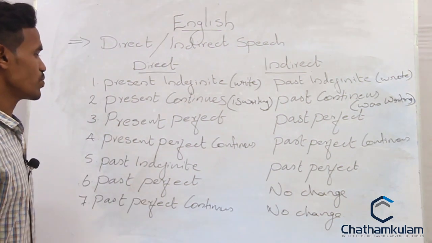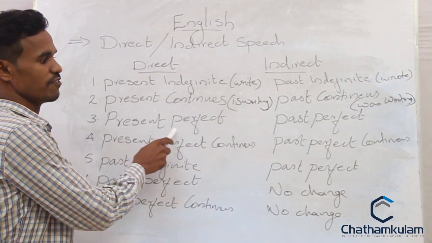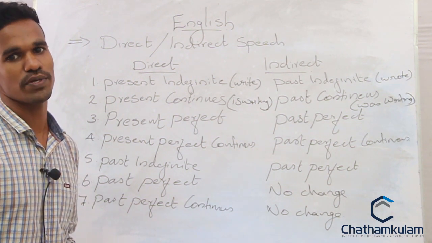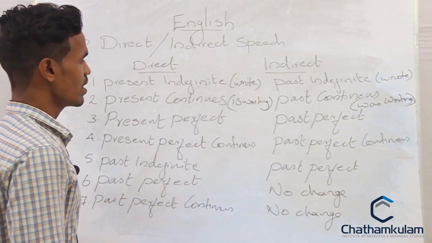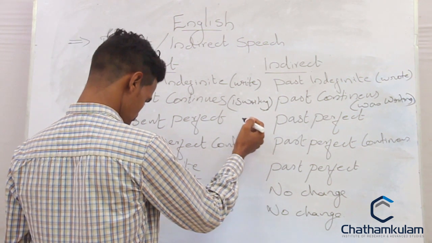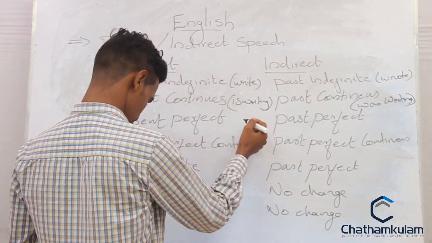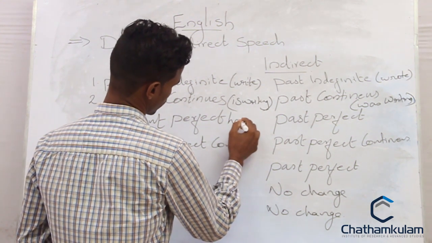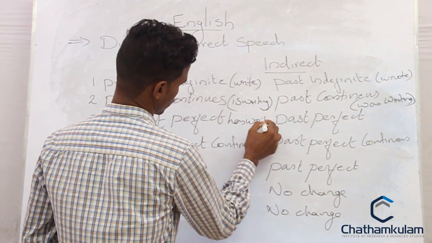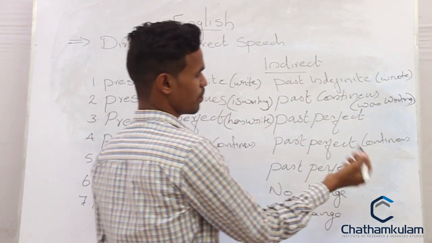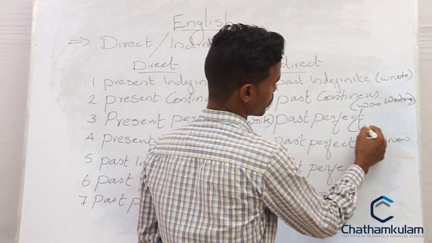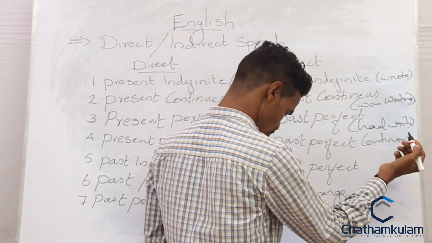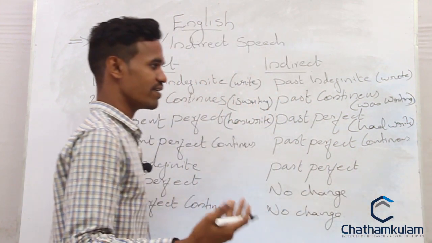Next one is the present perfect. Present perfect is about the current status of a particular thing, for example have written or has written. It will be changed into past perfect, that is had written.